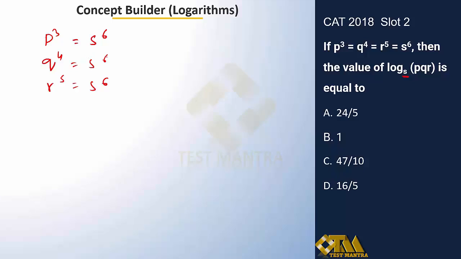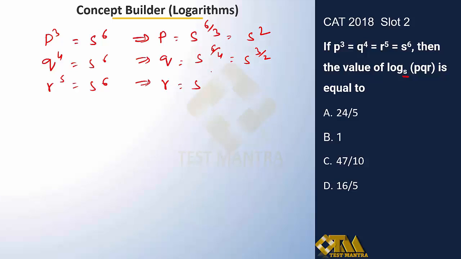So I'll convert p, q, r in terms of s. So I can say p will be nothing but s raised to 6 by 3 or else s square. Similarly, q will be nothing but s raised to 6 by 4 or else s raised to 3 by 2, and r will be nothing but s raised to 6 by 5.